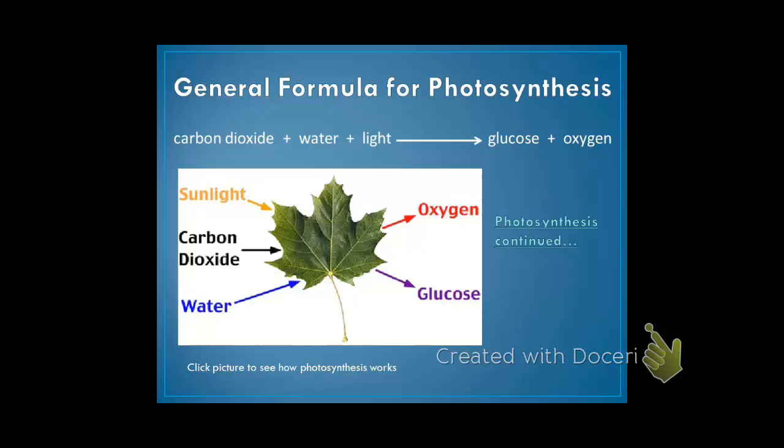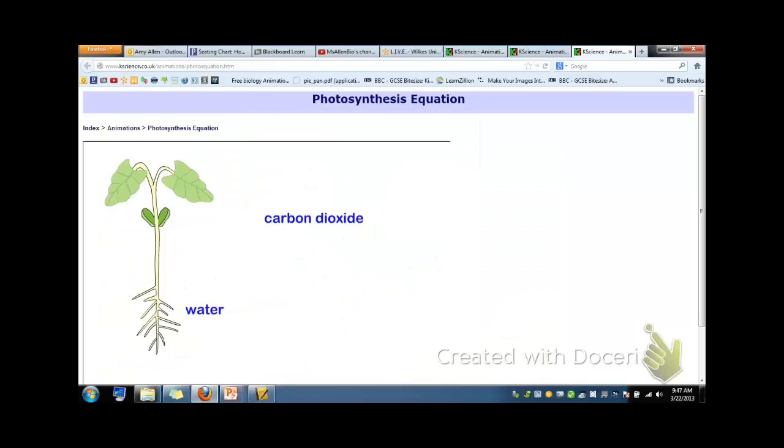On your notebook paper, write down where you think the molecules come from, how they get into the cell. Take a look at what's going on. Write it down first.